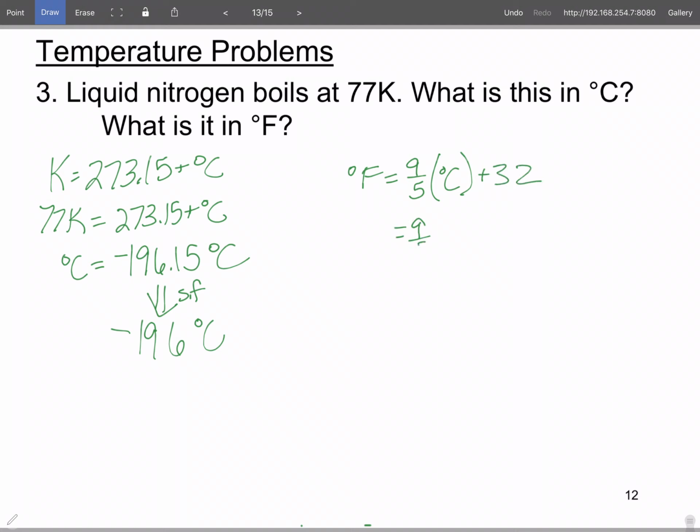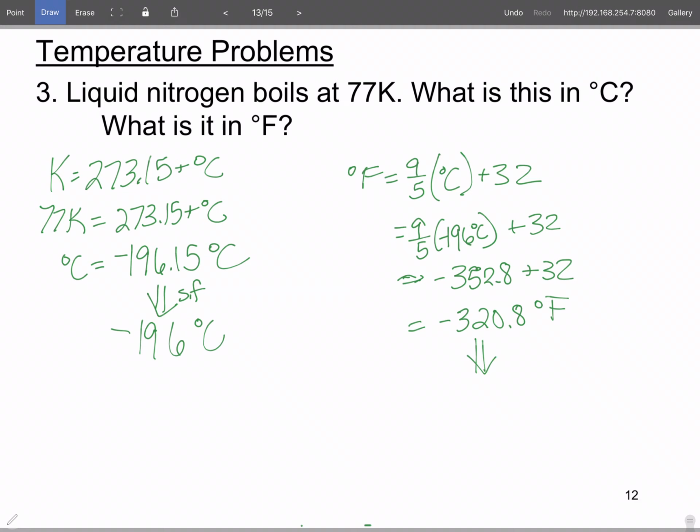So it'd be 9/5 times negative 196. Be careful not to drop the negative. So that gives us negative 352.8 plus 32, which is negative 320.8 degrees Fahrenheit. If we're using significant figures, then we will report it as negative 321 degrees Fahrenheit.